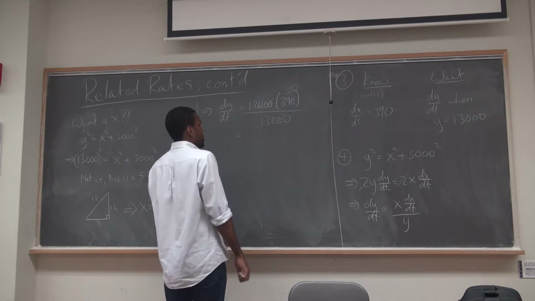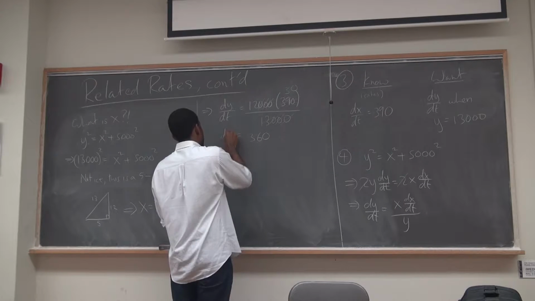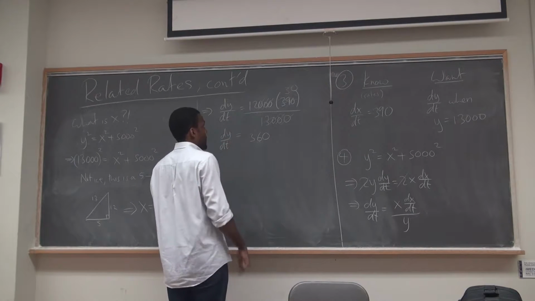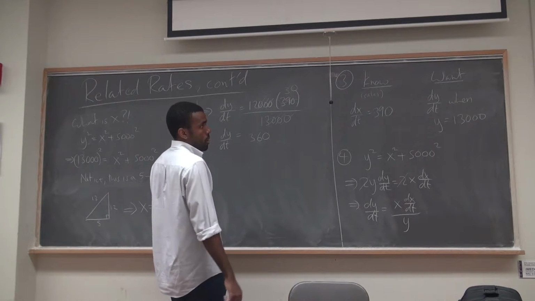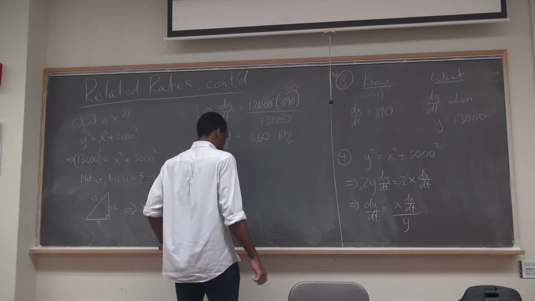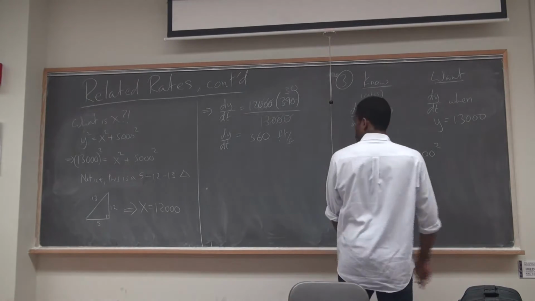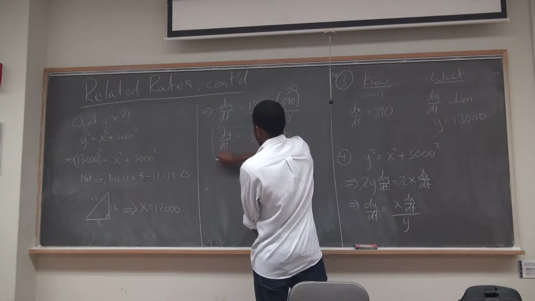So that's just 12 times 30, which is 360. So that's our rate, that's our answer.